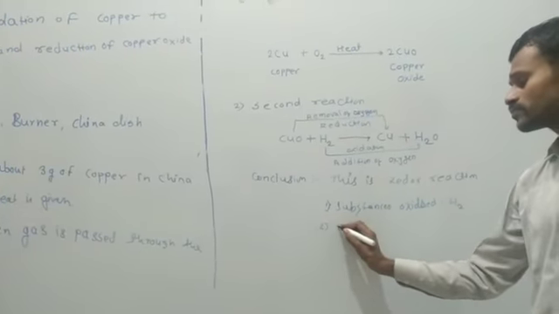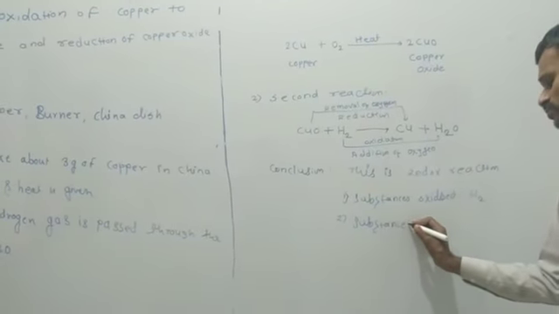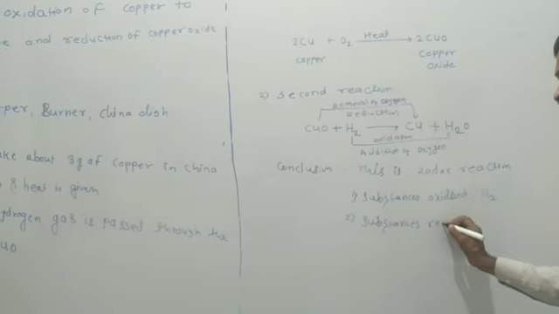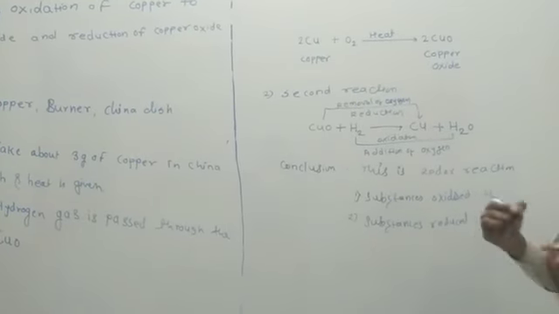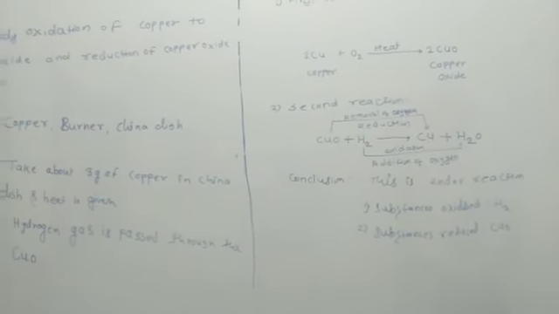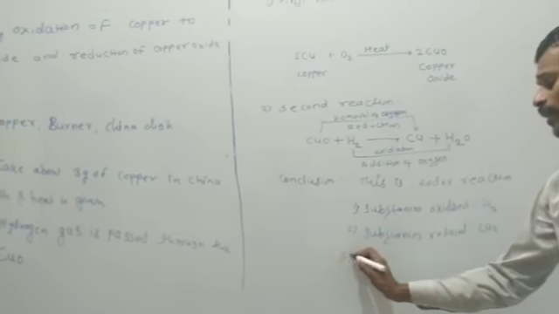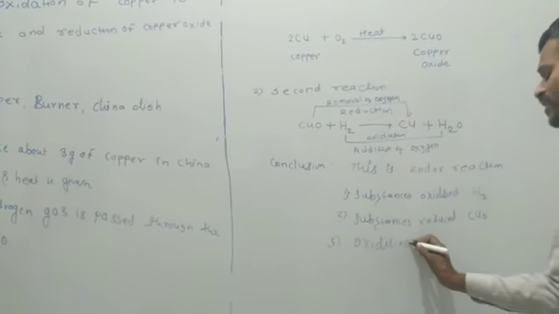Second, the substance reduced. Which substance is reduced? CuO is the substance reduced. Then we will represent the oxidizing agent.